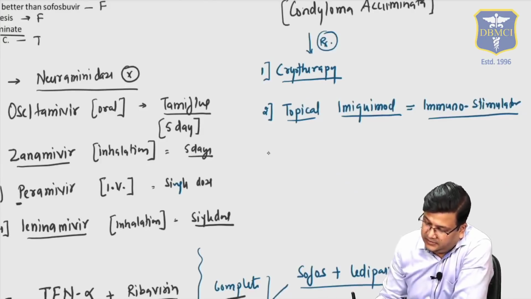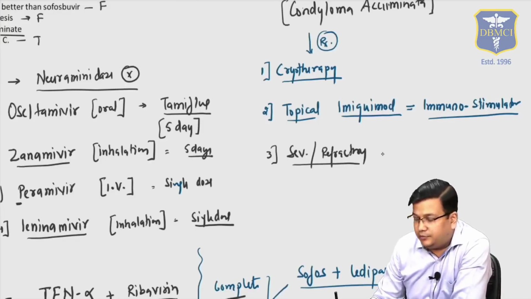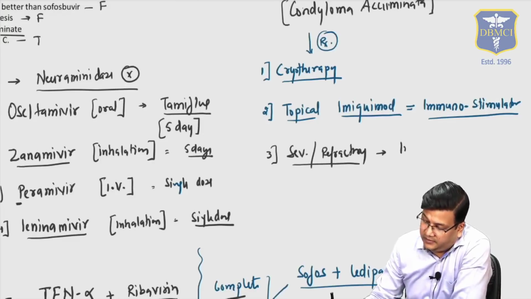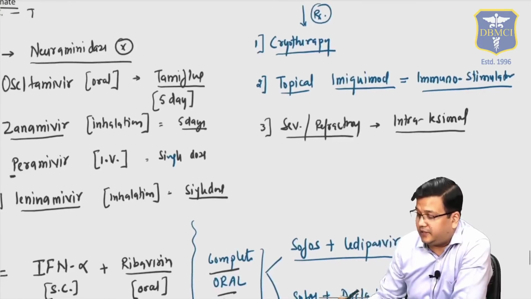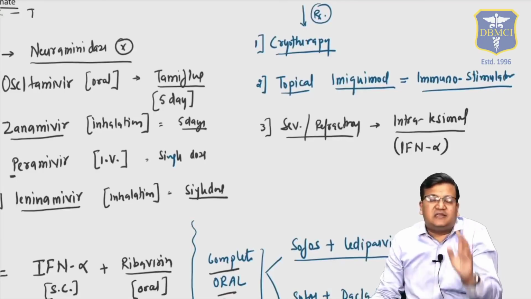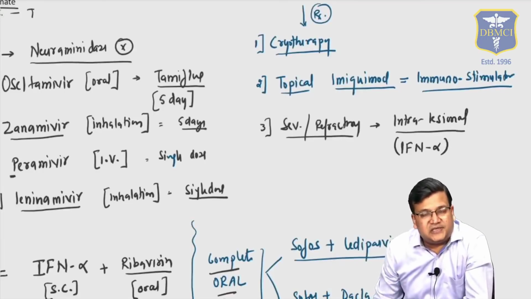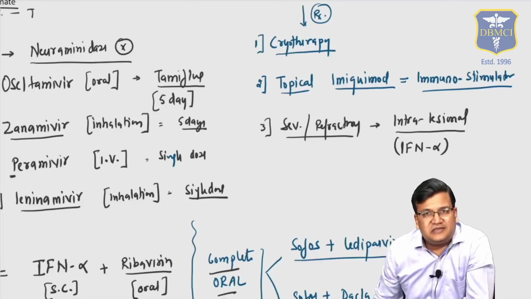And in severe cases, severe or refractory warts not responding to the above two therapies, intralesional injections of interferon alpha can be given. So interferon alpha is highly effective but expensive, and it is injectable therapy, so it is reserved for the severe cases.